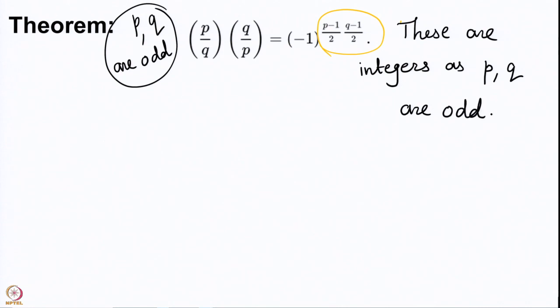The only other prime we should think about is the prime 2, but 2 by P is something that we have already dealt with. So, here we are taking only the odd primes. We have two odd primes P and Q, and by this theorem we are able to relate the Legendre symbol P by Q with the Legendre symbol Q by P. This is what we are doing, and it has a simpler form.